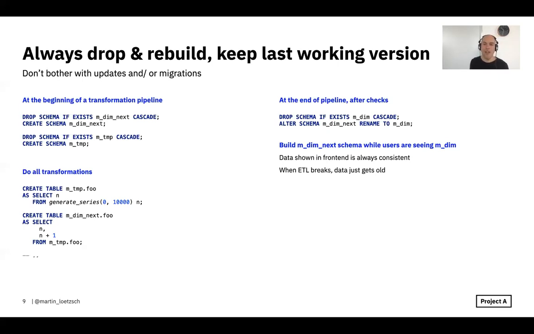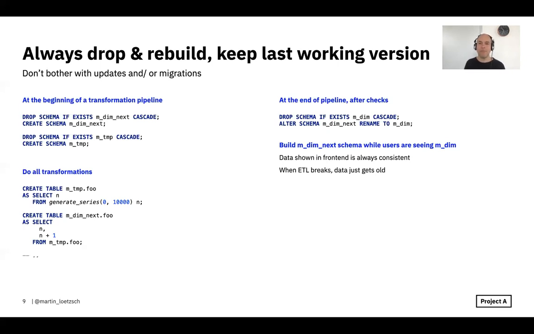So I highly encourage you to always have a set of tables that are used by stakeholders, by reporting tools, by data activation use cases, or by subsequent pipelines, and never touch those when you run a pipeline. Always create a next version of these schemas and later on swap them out.